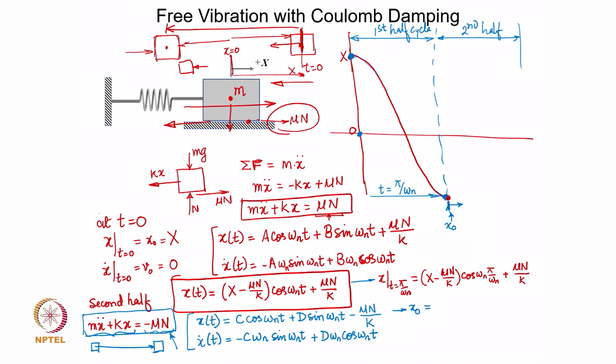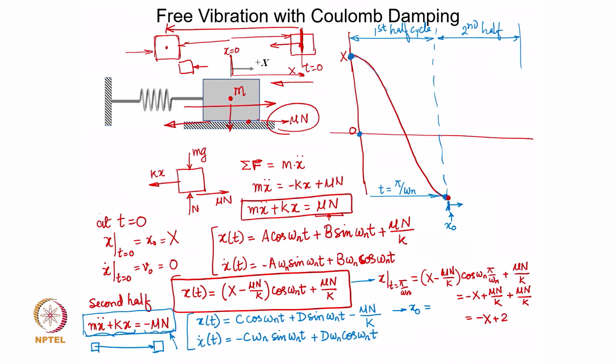So, what is cos pi? Minus 1. So, this is going to be minus of capital X minus mu n over k, plus mu n over k. So, that basically is minus x plus 2 mu n over k.